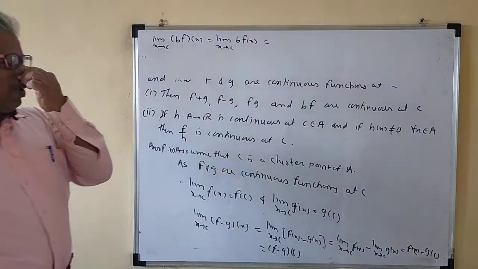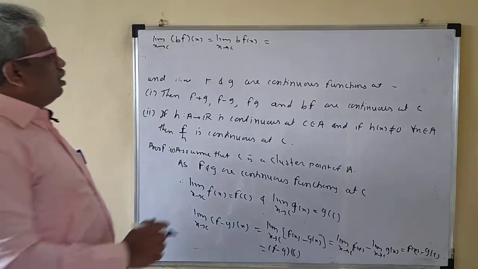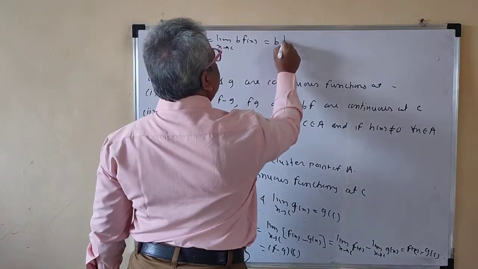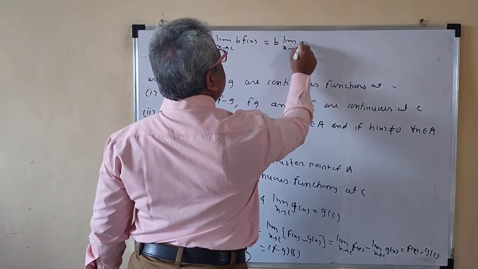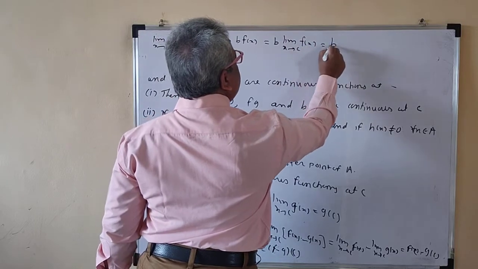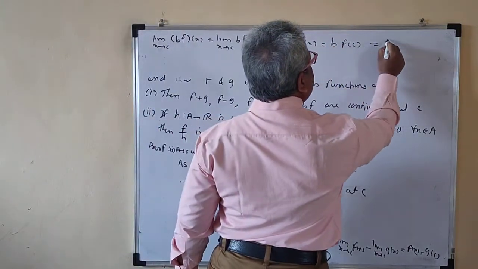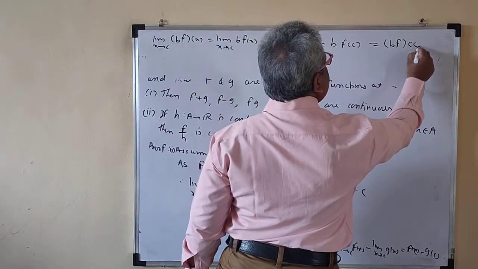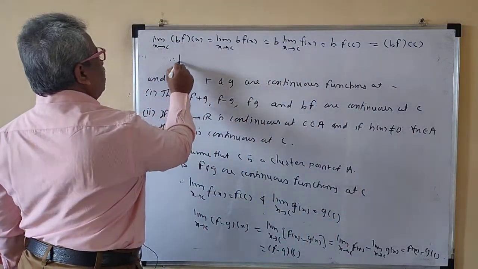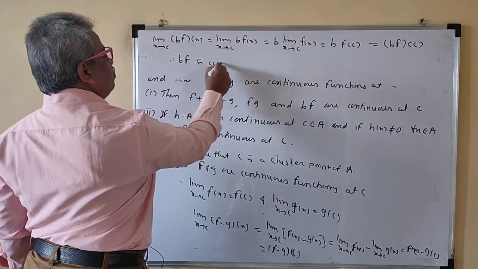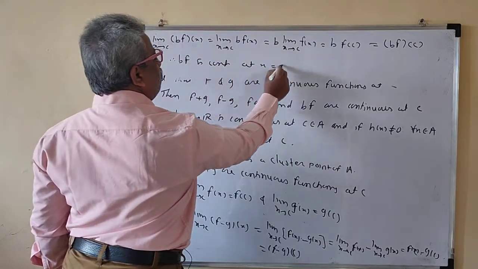Since b is independent of x, you can take it outside the limit. So this is b into limit x tends to c of f of x, which is b into f of c, so this is bf of c. Therefore bf is continuous at x equal to c.